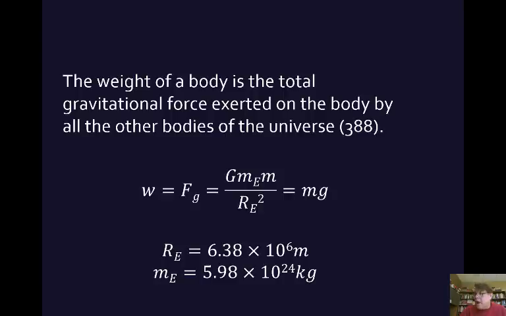Why? Because the mass of the body itself turns out to be irrelevant to the gravitational acceleration. This is the old Galileo dropping two things off the Leaning Tower of Pisa and finding that they both fall at the same acceleration. And so we can now see why: because the mass of the object in question is irrelevant when figuring out the acceleration due to gravity.